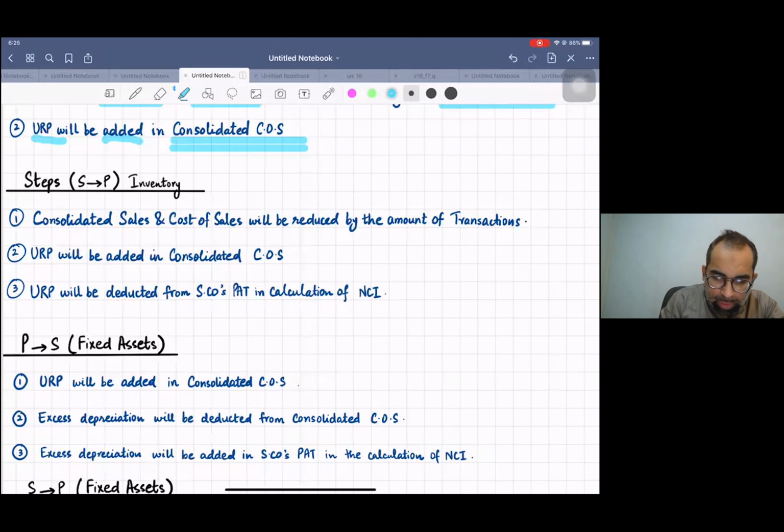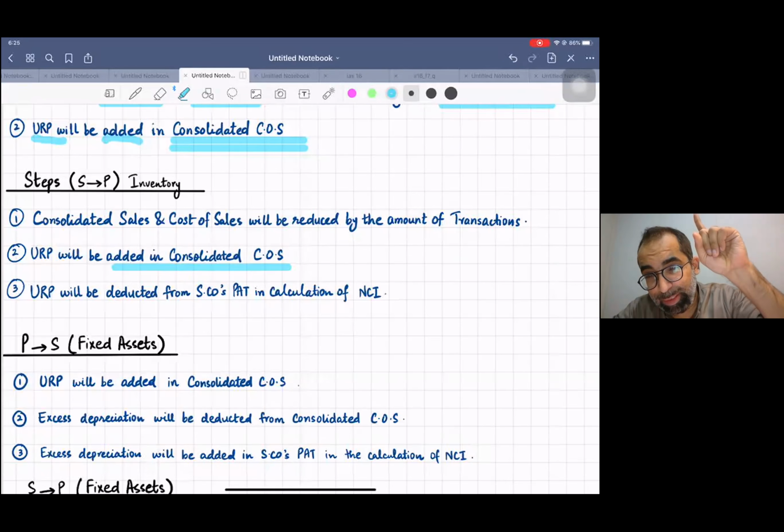See, URP will be added in consolidated, meaning group cost of sales. And the third step, hope you remember the original concept. As this time the sale is S2P, that means URP is in S company's books. So it must affect NCI as well.